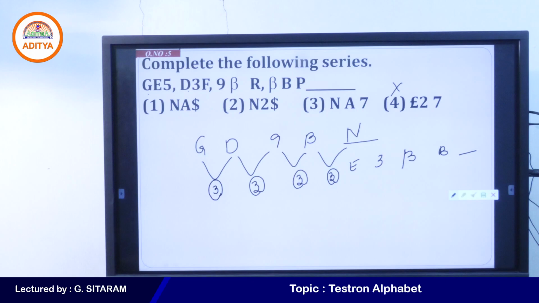E, 3, and then beta, and then B, and then there are 2 letters gap.